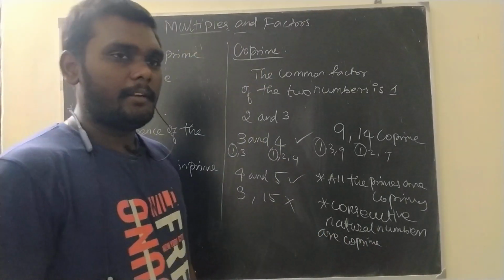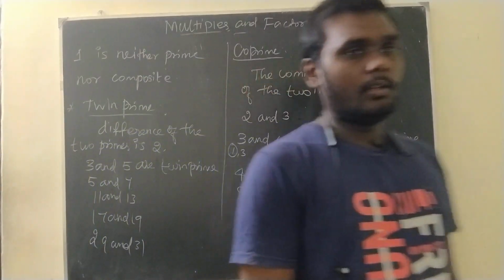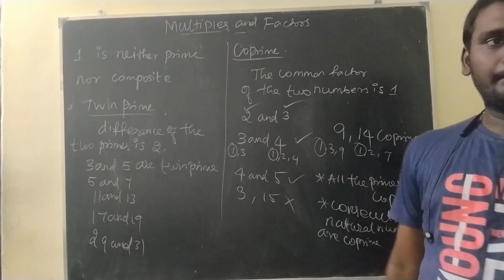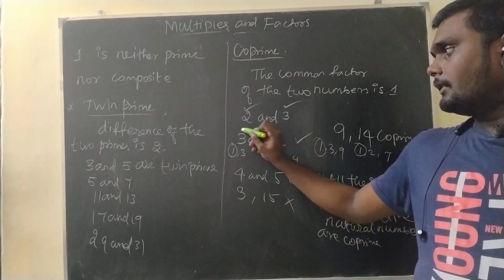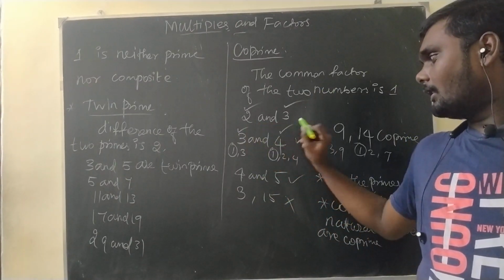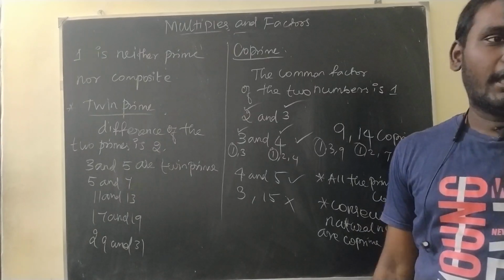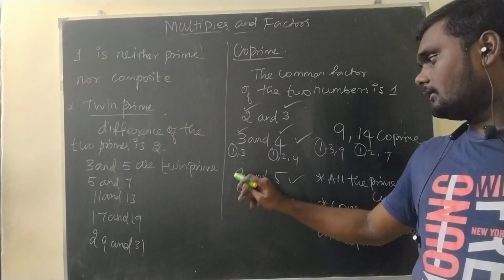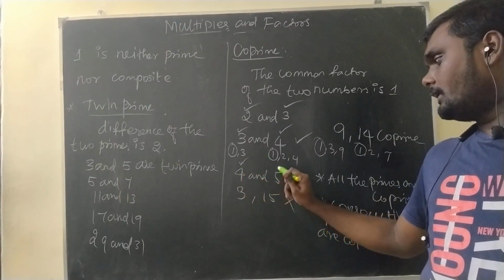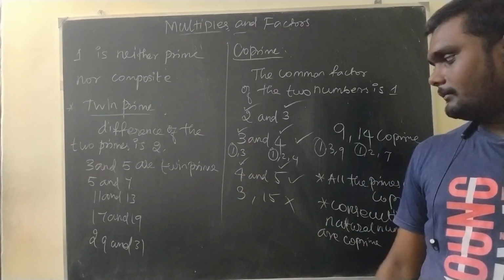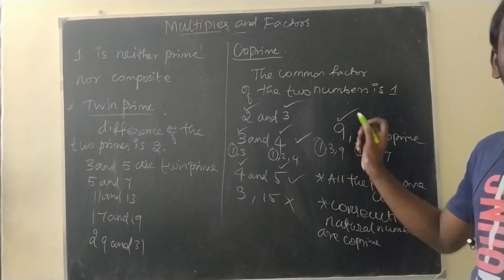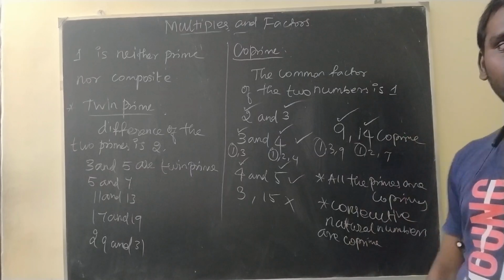Okay. And another investigation that we can do is, initially I took both prime numbers, 2 is prime, 3 is prime, we got co-prime. One prime number, another composite number, I got co-prime. Here same way, one composite, one prime number, we got co-prime. Here both are composite numbers, but they are co-prime.